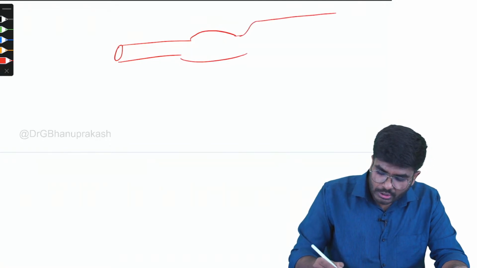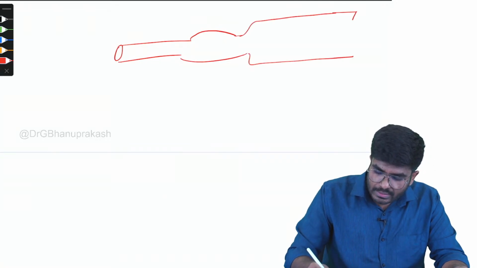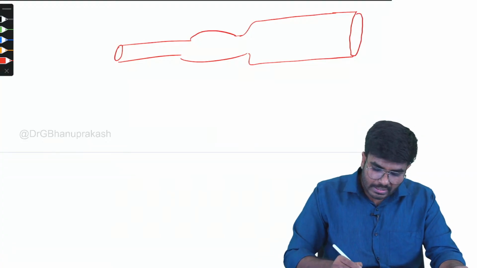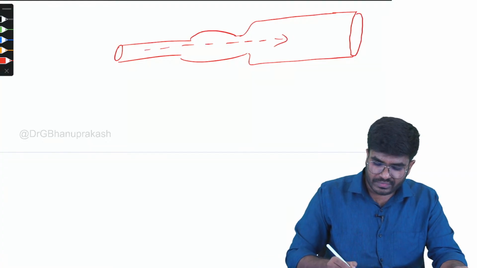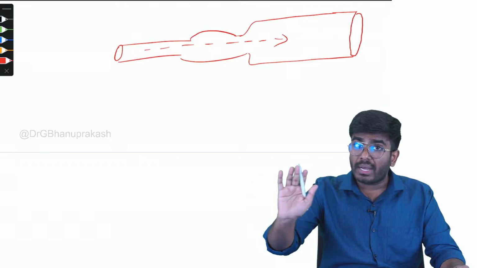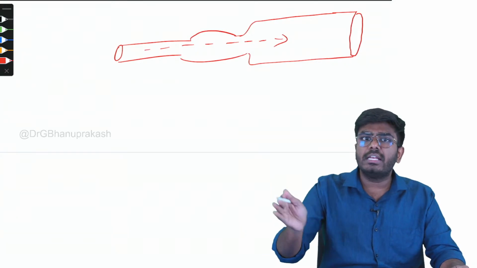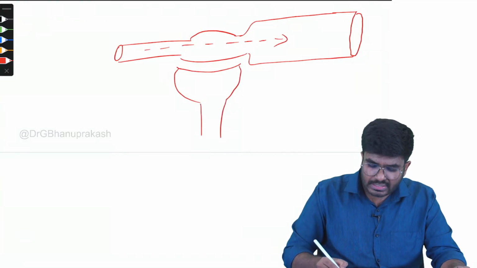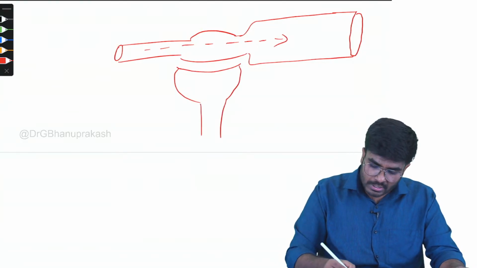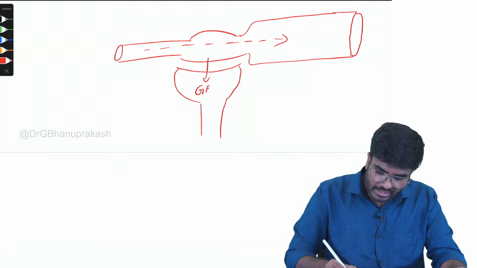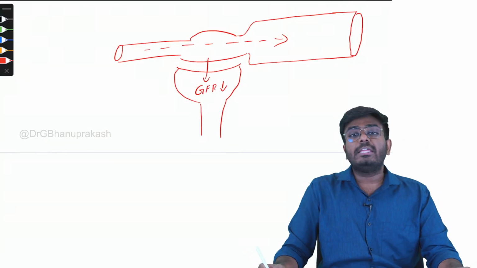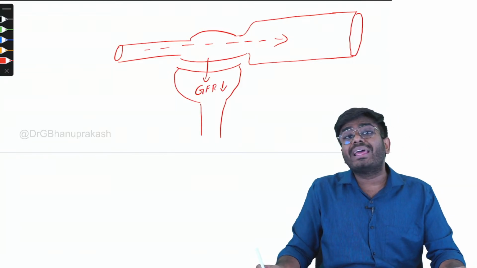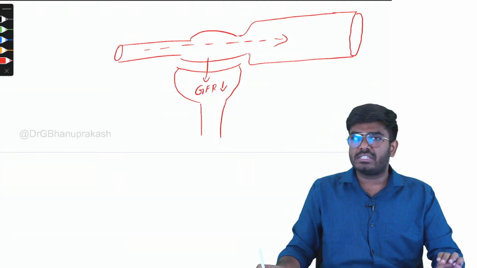Now the efferent arteriole is very much dilated, so blood easily leaves and moves out. Blood is not staying in the capillaries. So what happens to the filtration? If blood is easily going out, filtration will not happen. So automatically GFR decreases. Efferent arteriolar vasodilation will decrease the GFR.